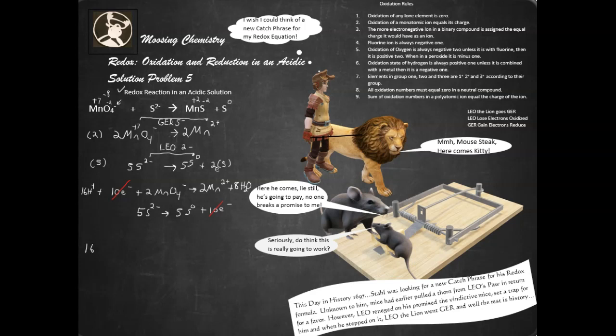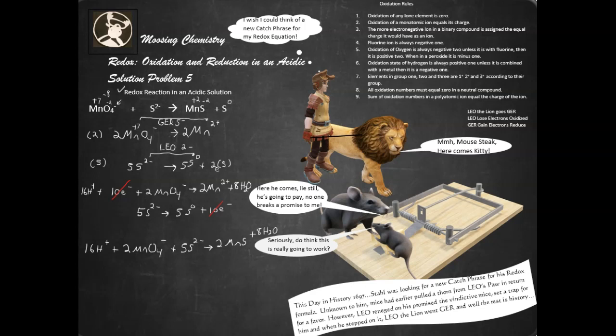Now we're going to write this as 16 hydrogens plus 2 MnO4 minus, plus 5 S2 minus yields 2 times MnS plus 8 H2O.